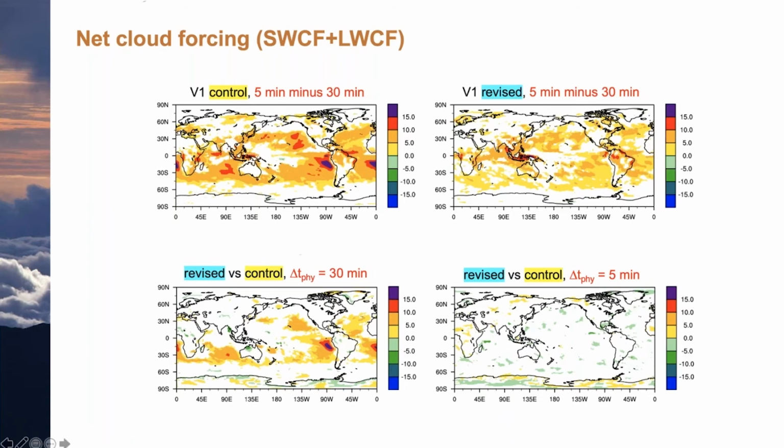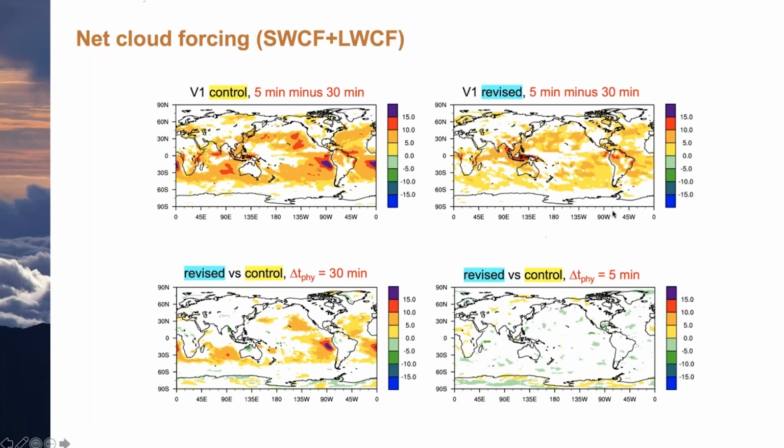In the V1 model, we have a relatively strong time step sensitivity. With our revision, we can capture a significant part of the sensitivities in the stratocumulus and the stratocumulus regimes. The revised and the control model converge to the same solution when the step sizes are sufficiently reduced.